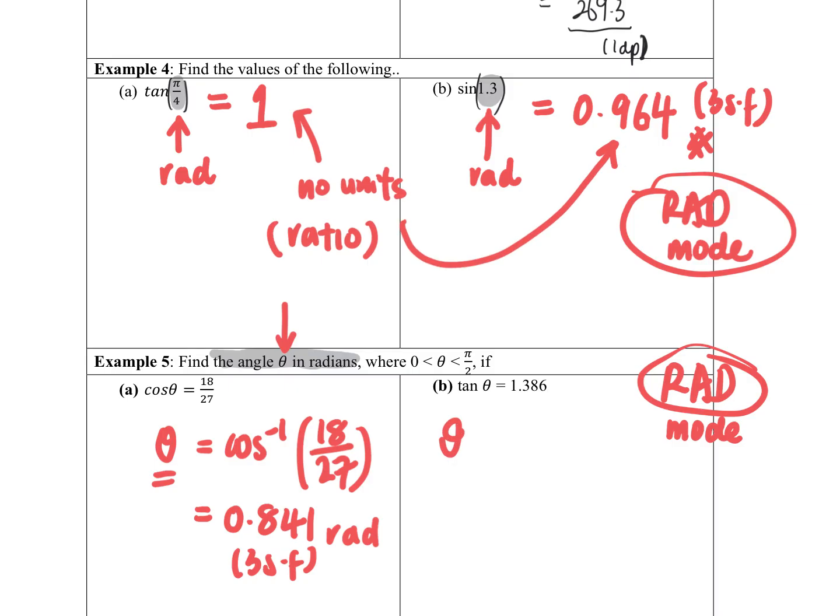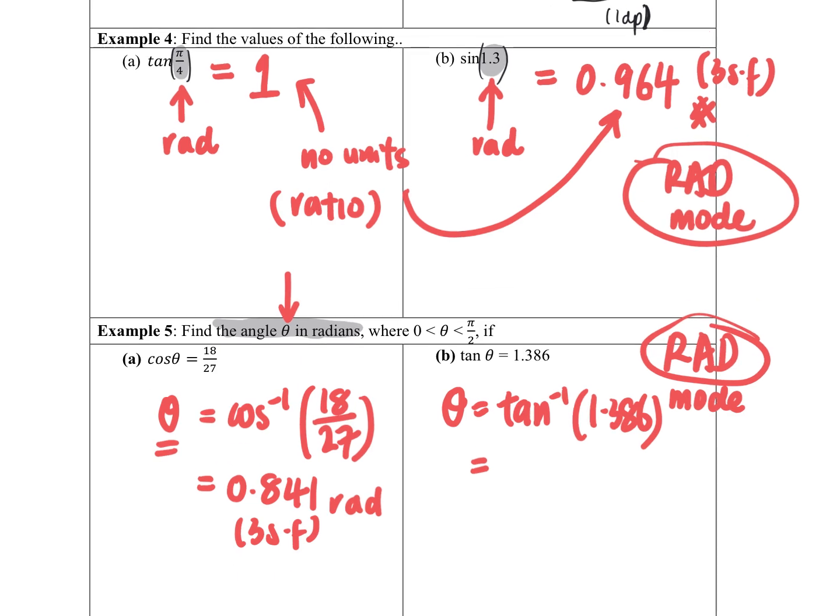Okay, what about this? Let's do a tangent inverse. Okay, so again 3SF.